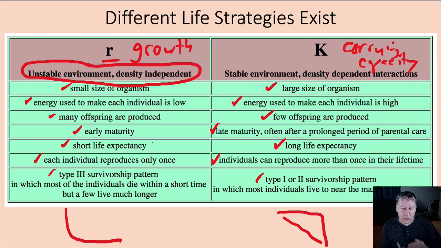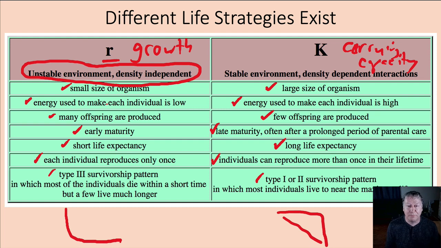Remember, those are ones that don't help maintain carrying capacity. They cause huge catastrophic effects on the population. So the idea here is survival is not guaranteed. In fact, it's unlikely. Most individuals are going to die. And so you reproduce a lot. You have many, many offspring.